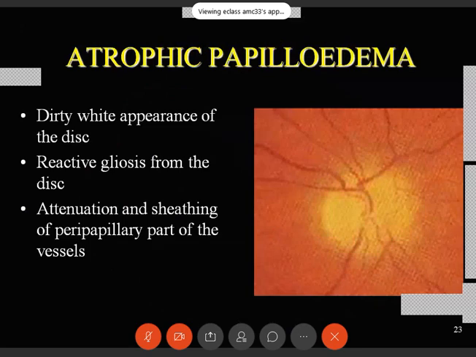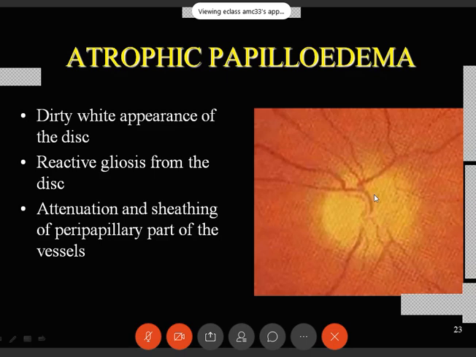Atrophic papilledema: as age advances, the edema decreases and becomes the atrophic stage. The optic nerve undergoes atrophic changes, with a dirty white appearance of the disc and reactive gliosis from the disc, and the axons become atrophied.